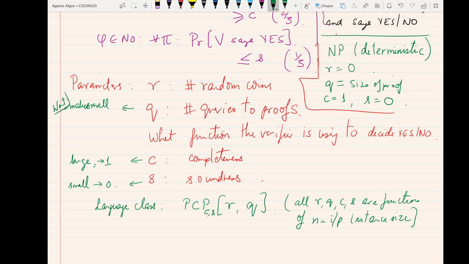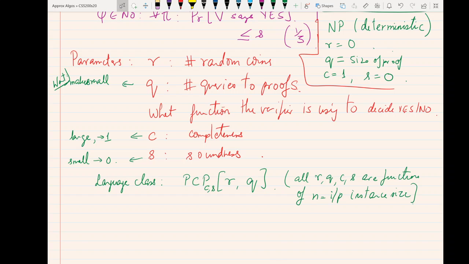So another way of stating the definition of NP is that the class of languages in NP are precisely those that can be recognized by such probabilistic verifiers with completeness 1, soundness 0, randomness 0, and number of queries being a polynomial.